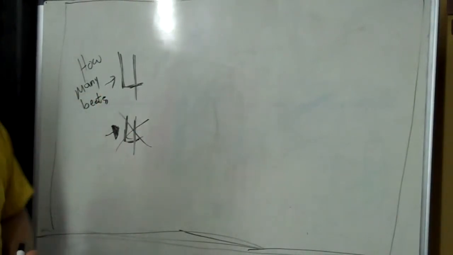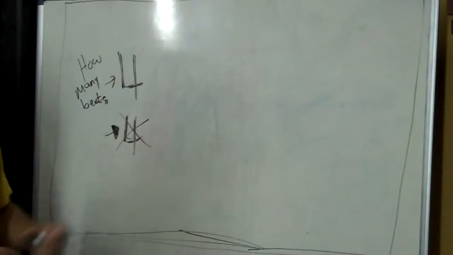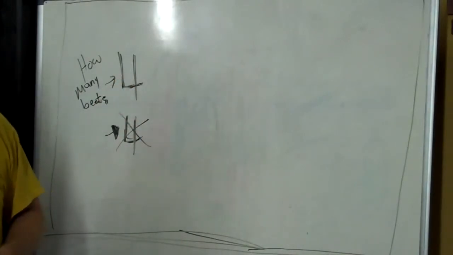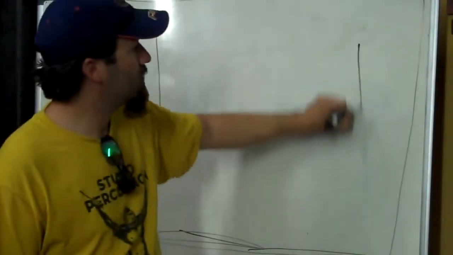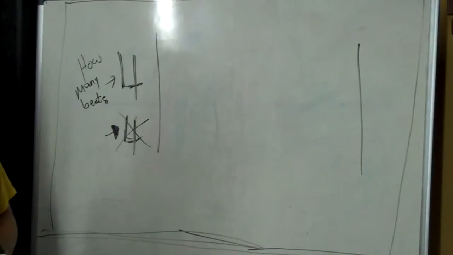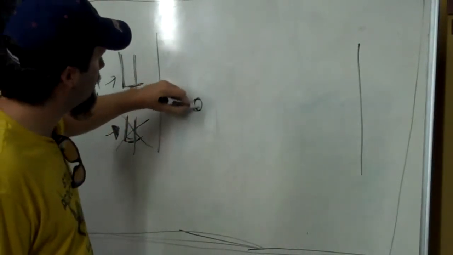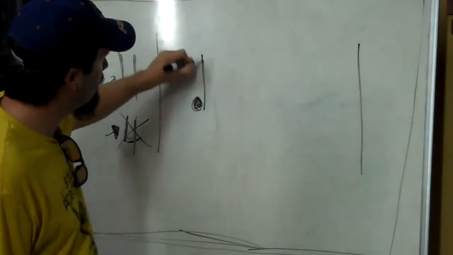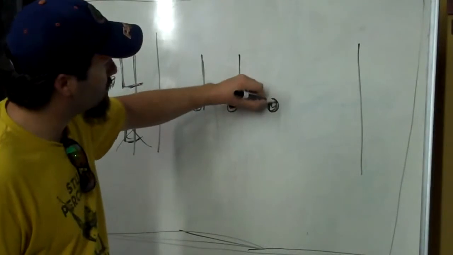What you need to know is that we're talking about 4 beats in a measure. A measure is all the stuff that occurs between these two bar lines. We have to have how many beats? 4. Okay? So, for instance, this is a quarter note. So if I have 4 of those, then I have a complete measure.